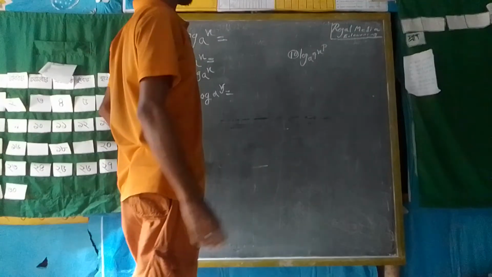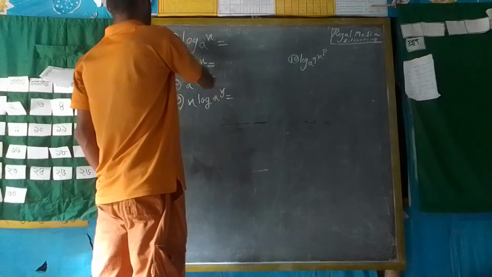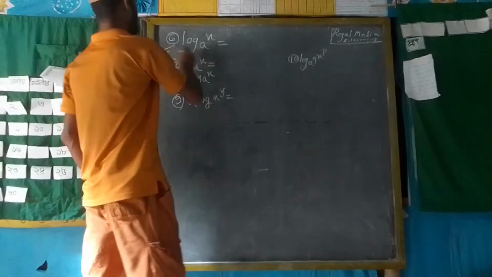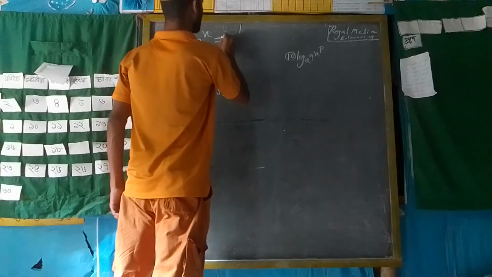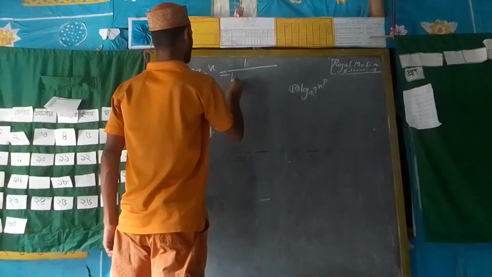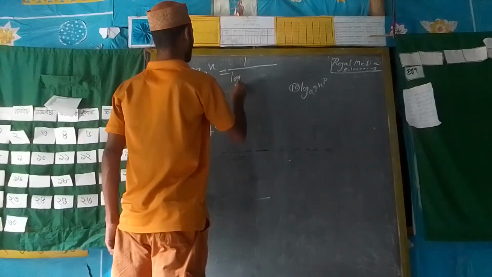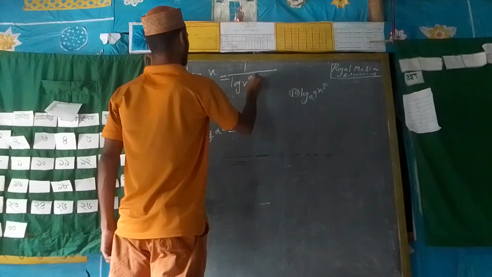Formula number 6 for logarithm, log a x. Here we can make it an inverse relationship, log a x into 1 by log x a.